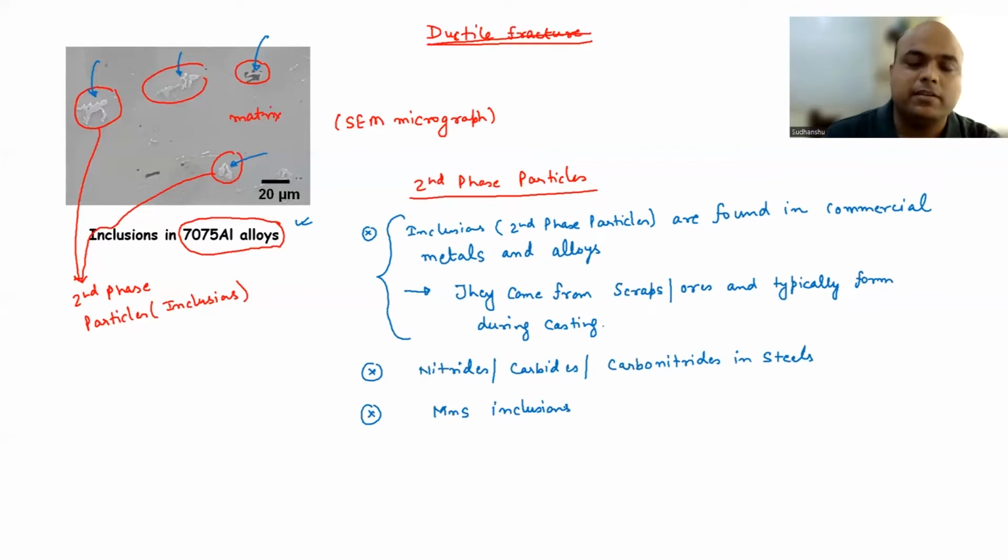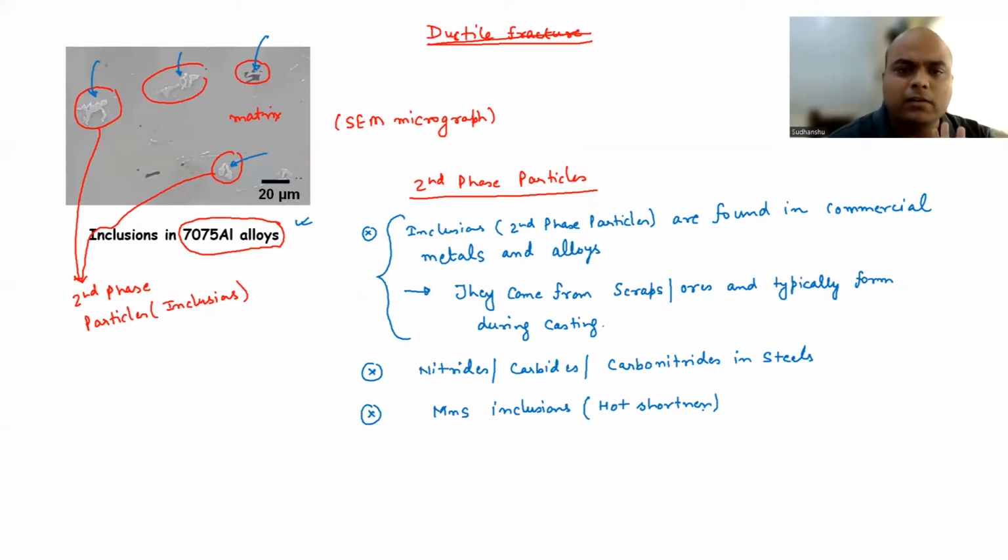Even the presence of alumina in steel. If you remember, MnS inclusions form because you want to get rid of something called hot shortness in steels. So you add Mn and it reacts with sulfur and forms MnS inclusions. And they are also the sites where the crack nucleates when you load the samples.